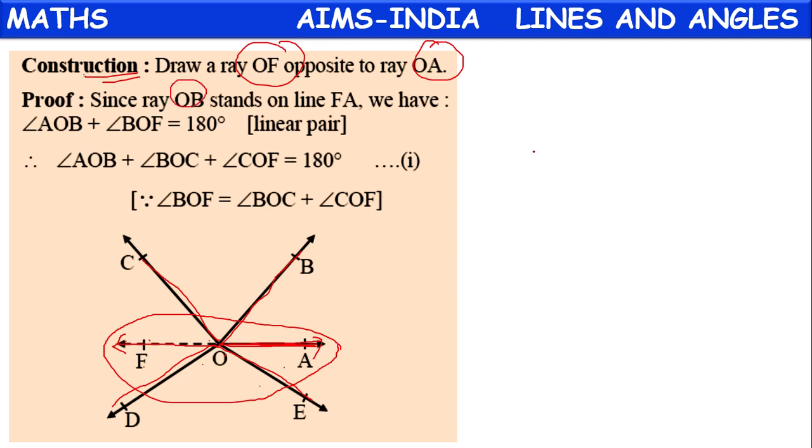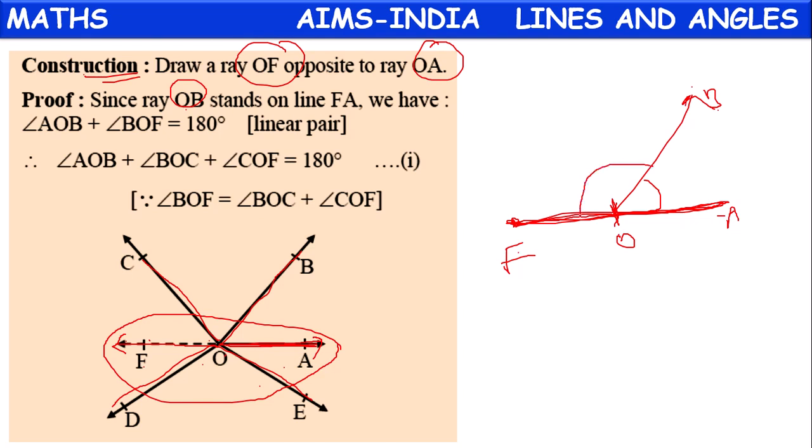Now we have A, O, F like this. If we take ray OB, this OB ray is standing on the FOA line. So AOB and BOF form a linear pair because they are standing on a straight line.